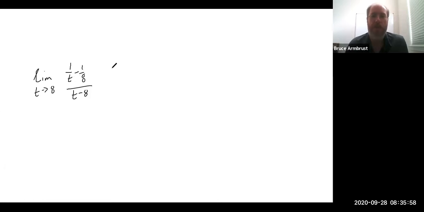So I'm going to multiply the top and the bottom of this fraction by 8t. Let me put some parentheses here to show that I'm multiplying top and bottom. Now, this is completely legal. You can build up fractions anytime you want by multiplying top and bottom by the same thing. And I don't really have to worry about this equaling 0 because I'm looking at numbers near 8. If I'm taking a limit as I'm approaching 8, this number is not even close to 0.